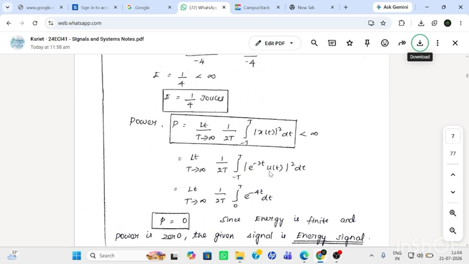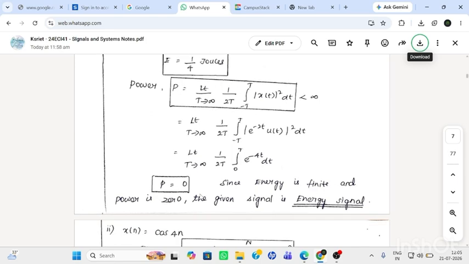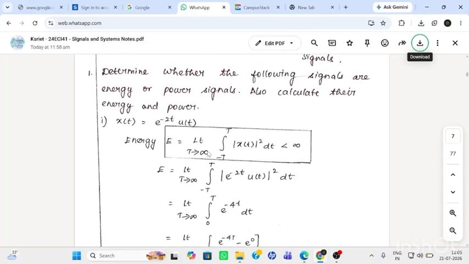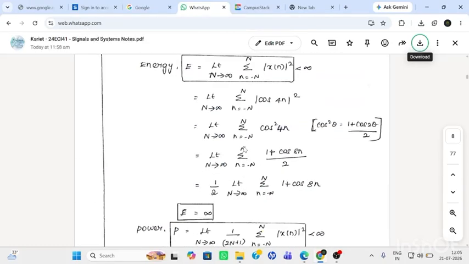We have to substitute x of t and we have to substitute the limit as 0 to T. Now when we substitute the value of the limit T as infinity, 1 by infinity, the power value will become 0. So from these conditions, since energy is a finite value which is 1 by 4 joules and power is 0 watts, we can say the given signal is an energy signal. So this is the way to find whether the signal is an energy signal or a power signal.